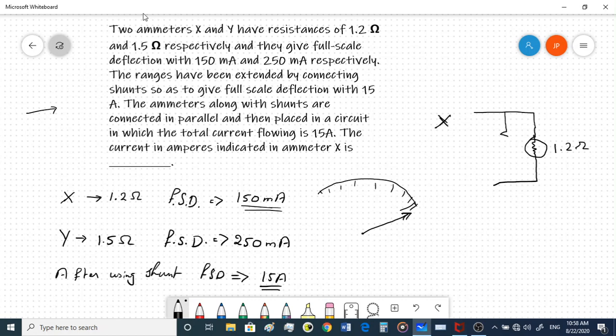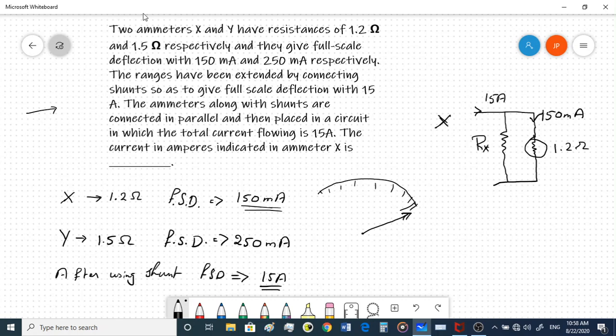Then you have a shunt resistance. We don't know the value of the shunt resistance yet. Let's call it Rx. Now it can take up to 15 amperes, right? But the meter can still take only up to 150 milliamperes.